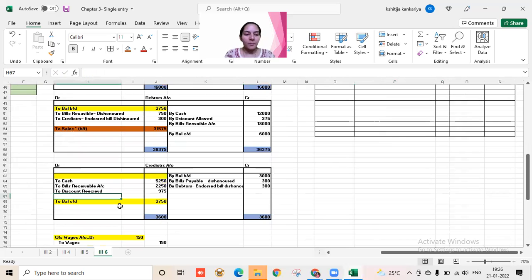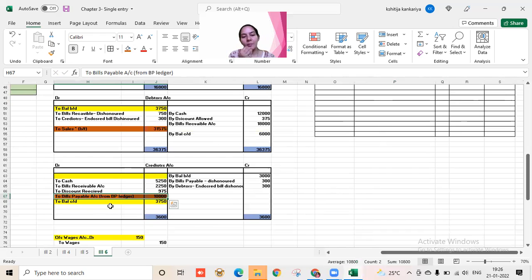So creditors account debit side to bills payable account 10,800. If you want to forget this, तिथे arrow करून ठेव पेन्सिल ने की कुठून आलंय. You can write here from bills payable ledger. You got this number. This is the only tricky point here. ठीक है? So this is we got from the bills payable ledger.